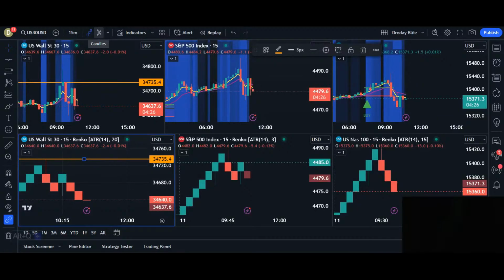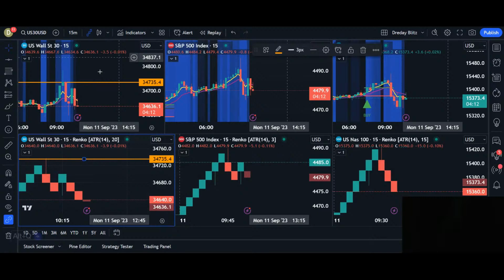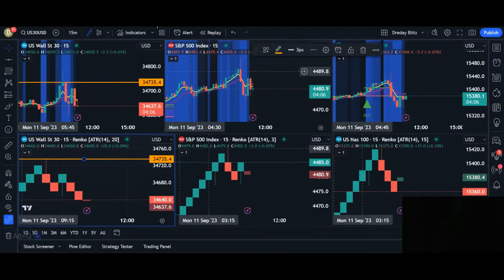So as long as you don't see a reversal, you keep your trade open until the next reversal. So we'll wait until 2 or 3 minutes before the top of the hour to close this session.